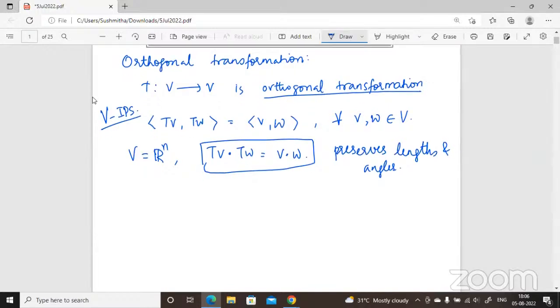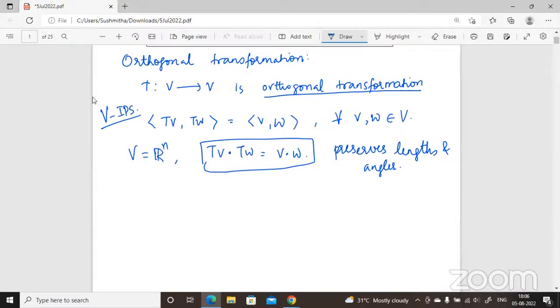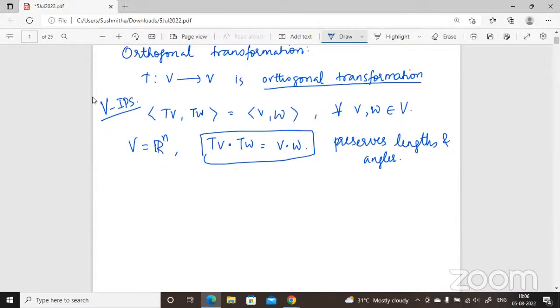So we have a transformation, and then we have a matrix related to a transformation with respect to a given basis. We can write down a matrix. A matrix is said to be an orthogonal matrix if A transpose A is equal to identity.